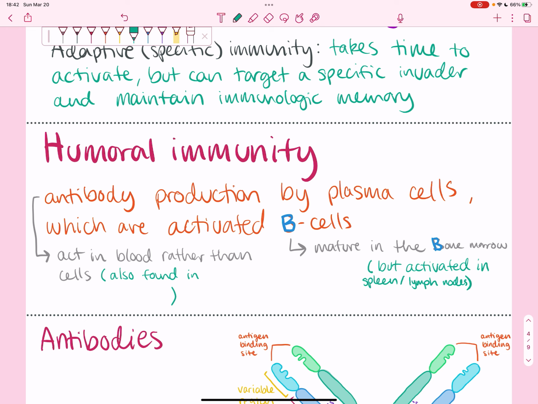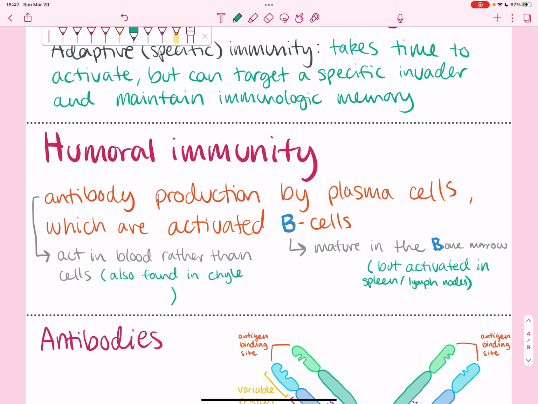Okay, and over here, antibodies, they act in the blood rather than cells, but they're also found in chyle, which is lymphatic fluid.